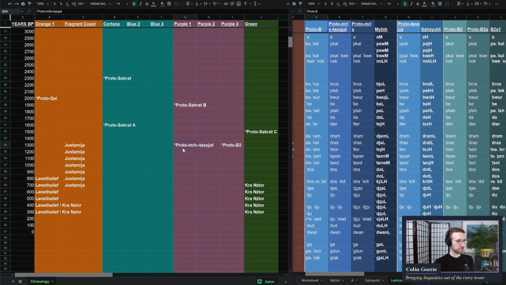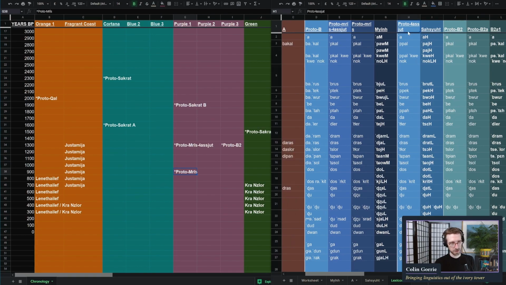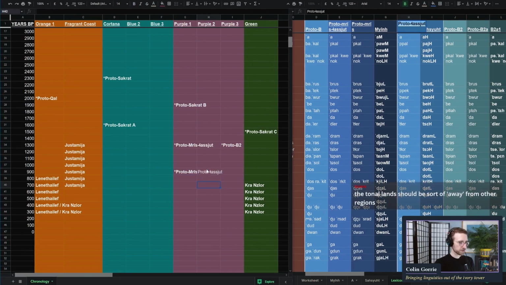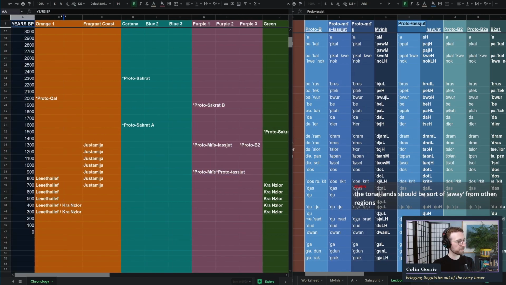And then Proto-Mnis Hlasiut will break off into Proto-Mnis sometime later, maybe around here. Do that. And then Proto-Hlasiut, which, for the sake of being simple, let's just put at roughly the same time depth for now. See if I can optimize the width of these things so we can see more.